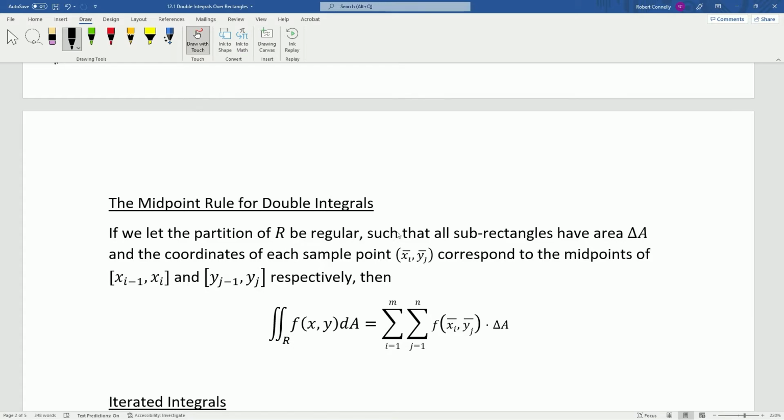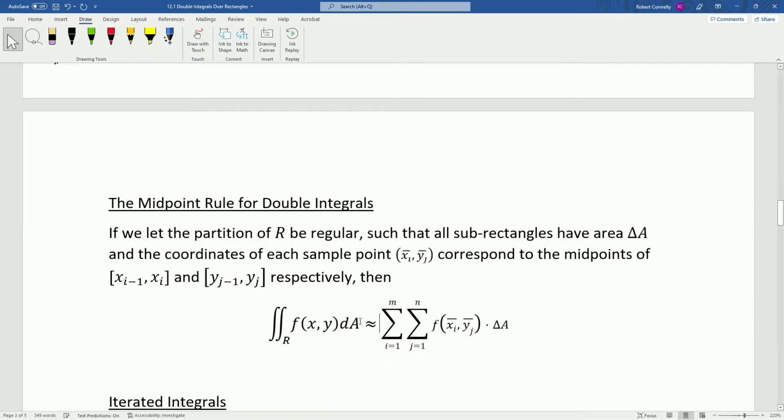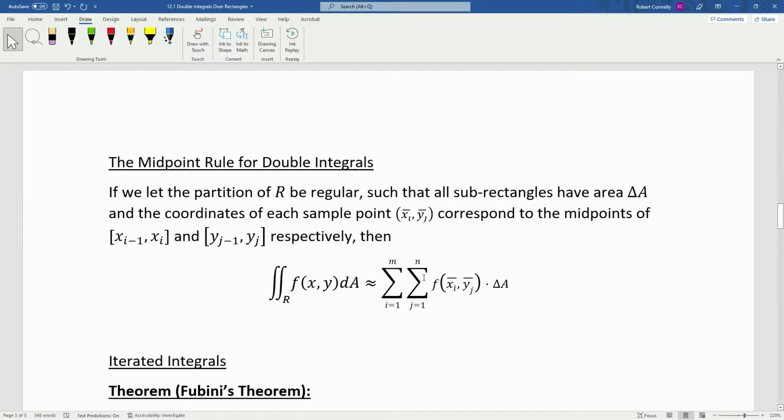So if we let the partition of R be regular such that all subrectangles have the same area, delta A, and the coordinates of each sample point, x sub i bar, y sub j bar, correspond to the midpoints of the subintervals respectively, then the double integral over R of f of x, y, dA is approximately equal to the double sum of f of x sub i bar, y sub j bar times delta A. Now, I'm not going to do any examples of this here, but just keep in mind that the process is pretty similar to the process you would have used in Calculus 1 or even Calc 2.